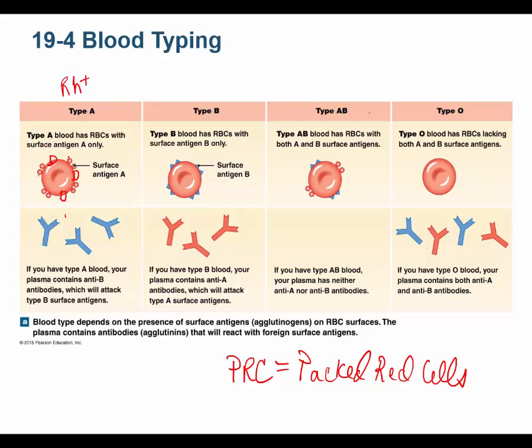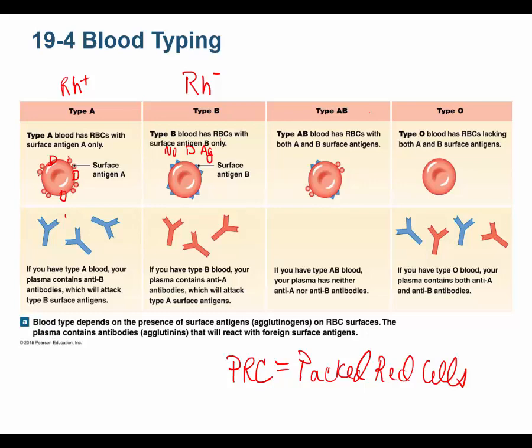If you don't have the D antigens, then you are said to be Rh negative. Now, unlike A, B, and O, if you are Rh negative, let's say this person's Rh negative, there's no D antigens.